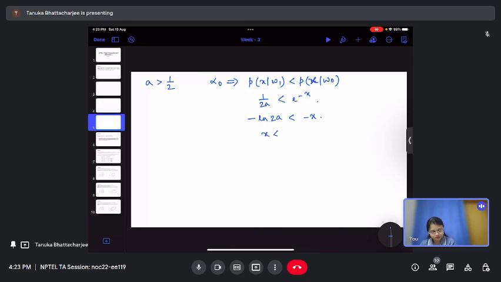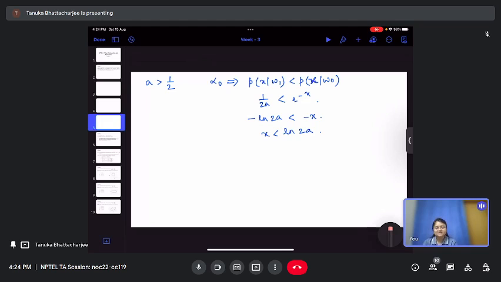So x should be less than ln of 2a, then you will take the action alpha 0, because you have to change the side because of the sign.